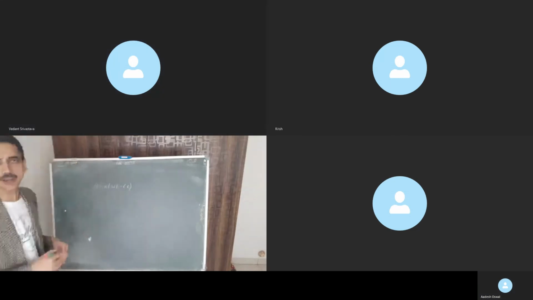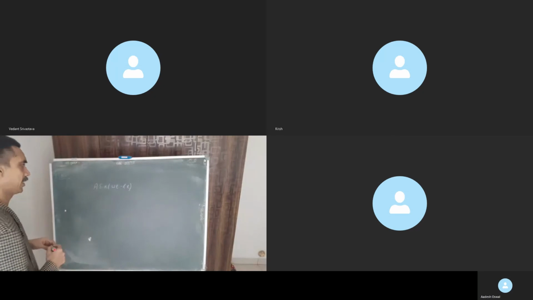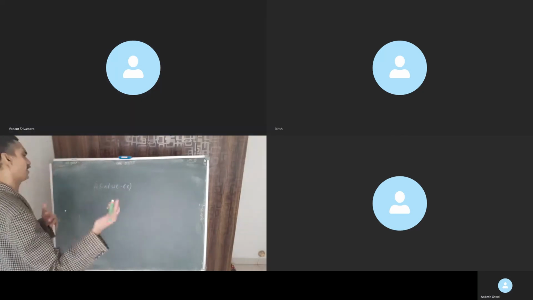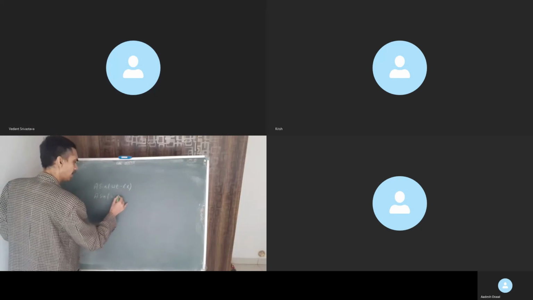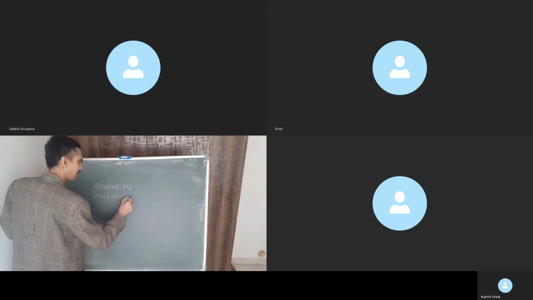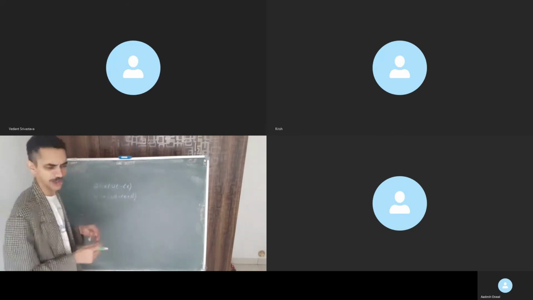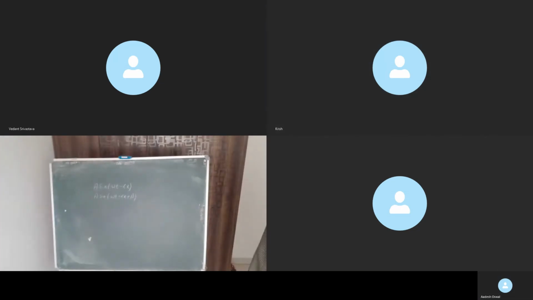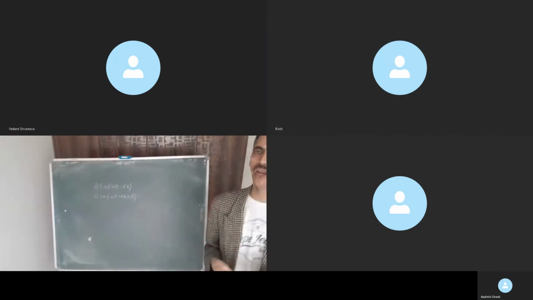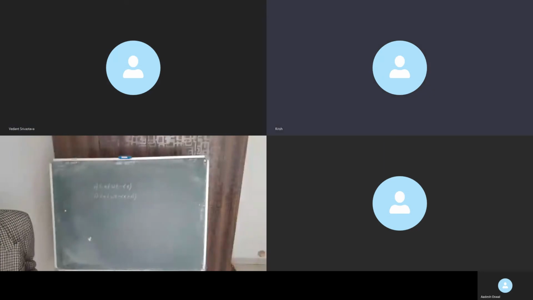Let us say the other one is A sine of the angle omega t plus kx plus a certain initial phase difference beta. There is one initial phase difference between the two waves, and that is indicated by beta.